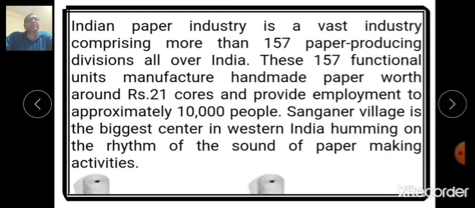Now, Indian paper industry is a vast industry comprising more than 115 paper producing divisions all over India. These units manufacture handmade paper worth around rupees 21 crores and provide employment to approximately 10,000 people.